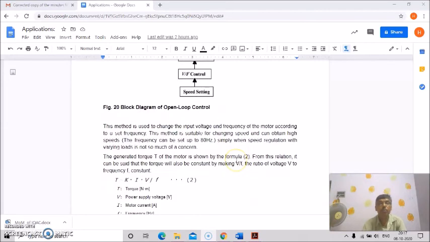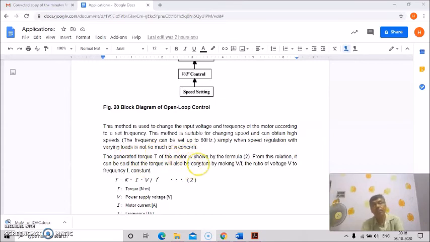This method is used to change the input voltage and the frequency of the motor according to the set frequency. It is suitable for changing speed and can obtain high speeds. The frequency can be set up to 80 Hz simply, when speed regulation with varying loads is not so much of a concern.